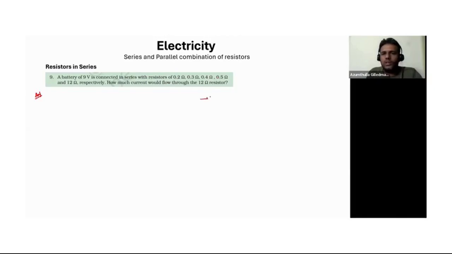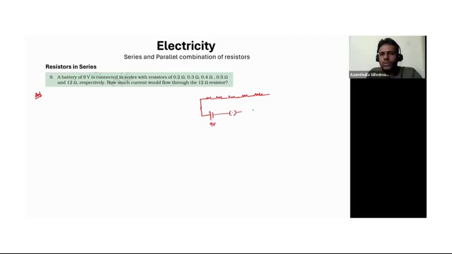So basically these 5 resistors are there. This is connected to a battery of 9 volts.